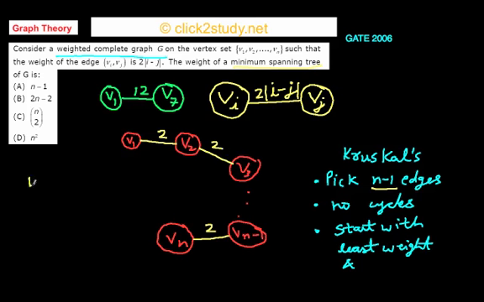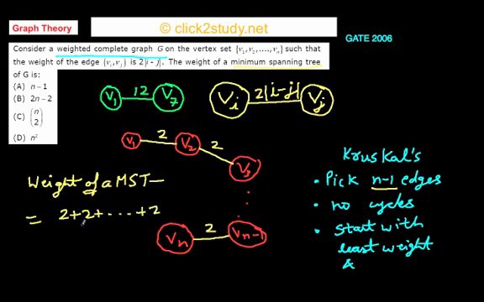The weight of the minimum spanning tree is 2 plus 2 up till the last 2, and these are n minus 1 2's.